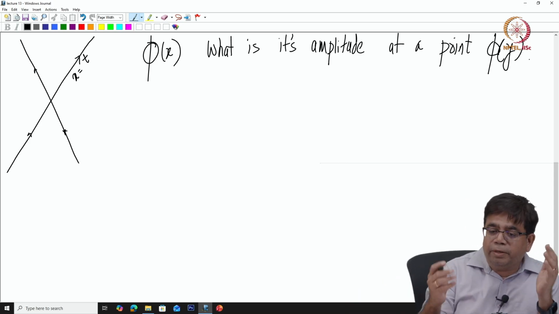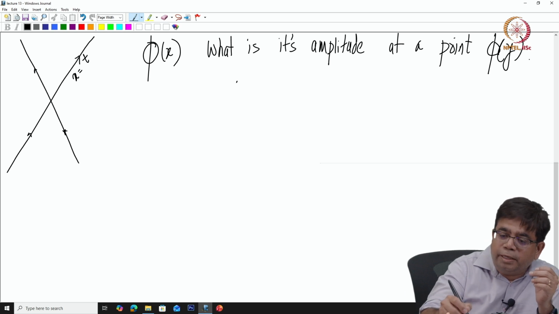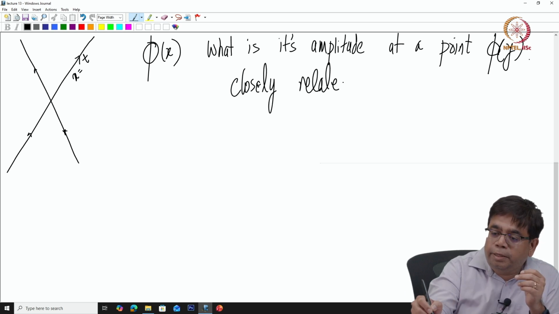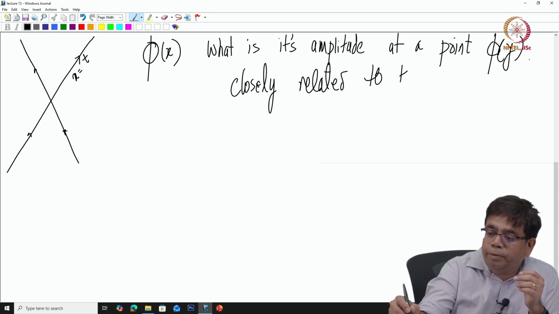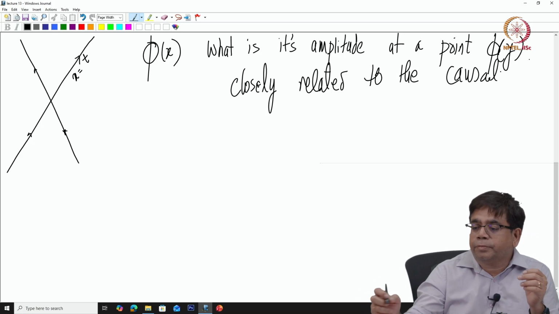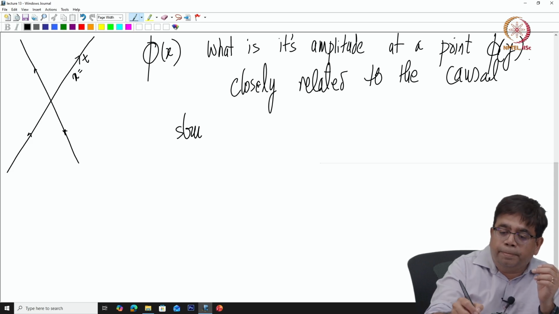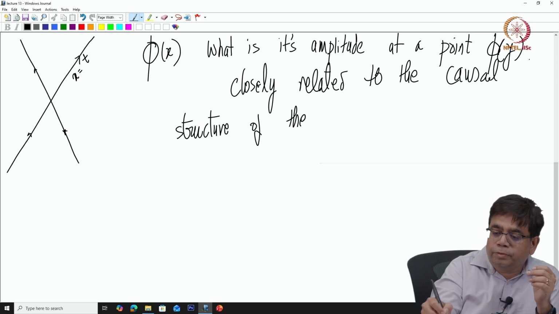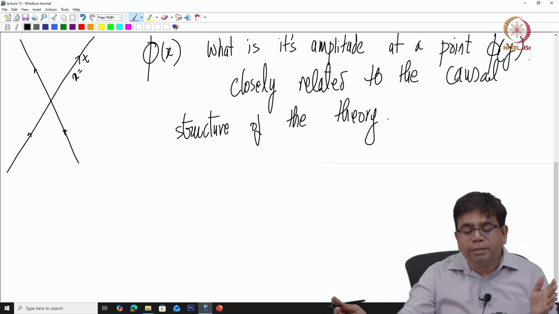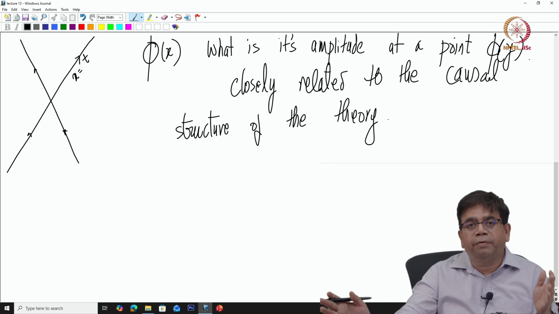This is closely related to the causal structure of the theory. That means we want everything to lie within the light cone.